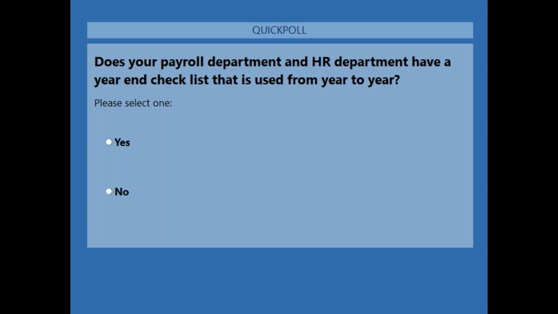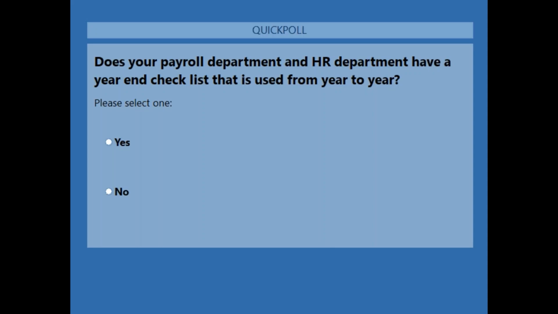Checklists are so important to make sure that you don't miss anything from year to year. Having a checklist also enables you to look back on what did I do right last year and what did we do wrong last year? How do we learn from our mistakes?